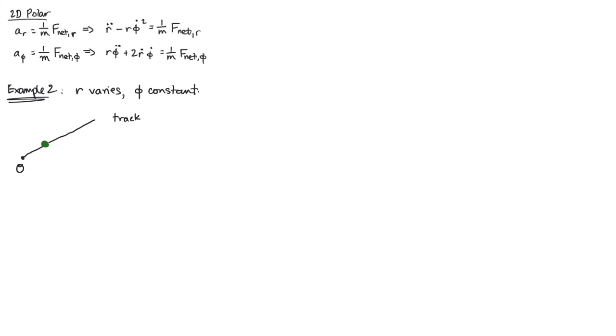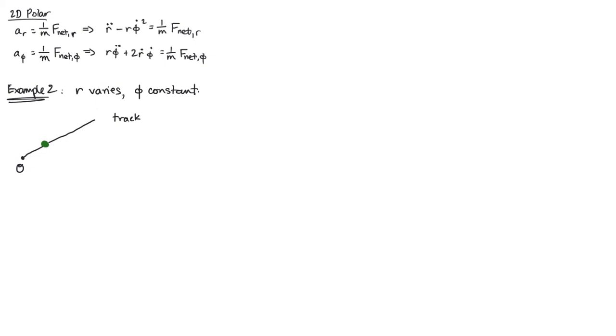Well, we could do this in radial coordinates, but it really ends up just being a Cartesian problem. It's a rectilinear motion. But let's see why this is. So let's consider the radial equation here.